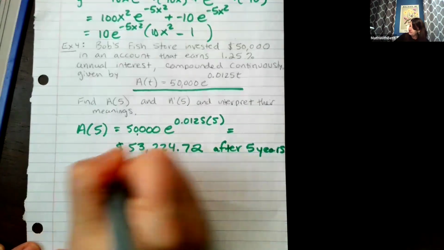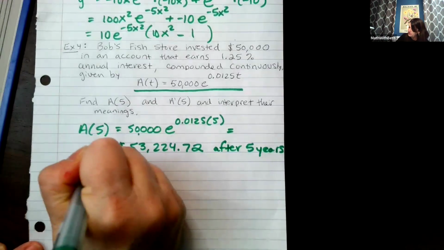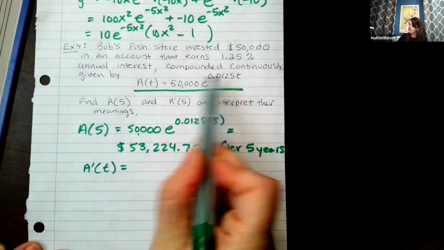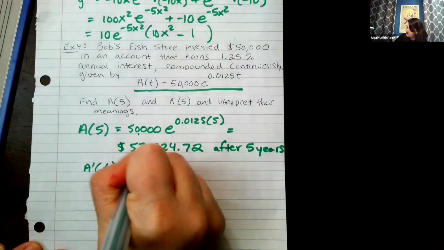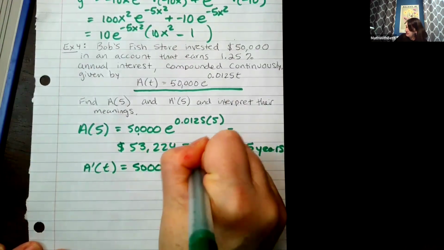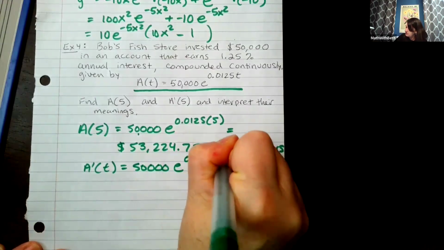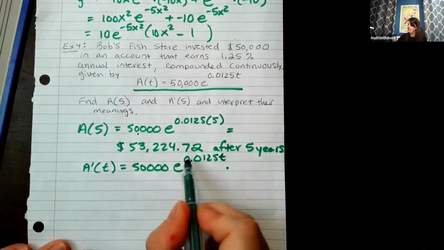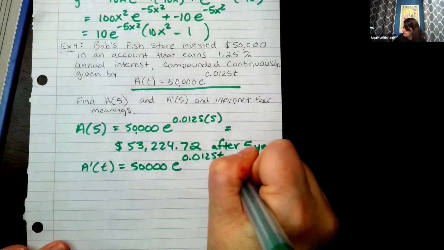Now for the derivative, we first need the derivative. So we can't just plug in 5 if we don't even have the equation. So first, let's find the derivative of this. The 50,000 will still be there. We'll leave the e alone at first, but then we'll have to multiply by the derivative of the exponent because it's the chain rule.